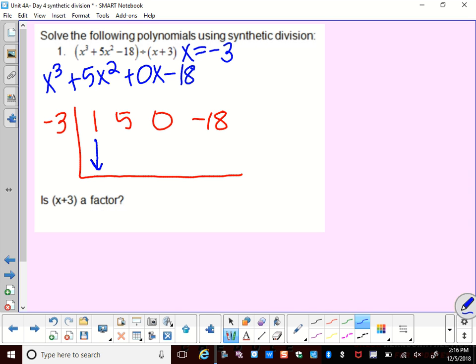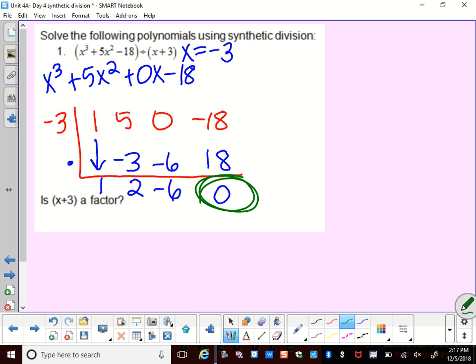I drop my first number, so that becomes 1. 1 times negative 3 is negative 3; 5 minus 3 is 2. 2 times negative 3 is negative 6. That's where I add going straight down. 0 plus negative 6 is just negative 6. Negative 6 times negative 3 is positive 18, and we get 0. So is this a factor? Yes, it is.